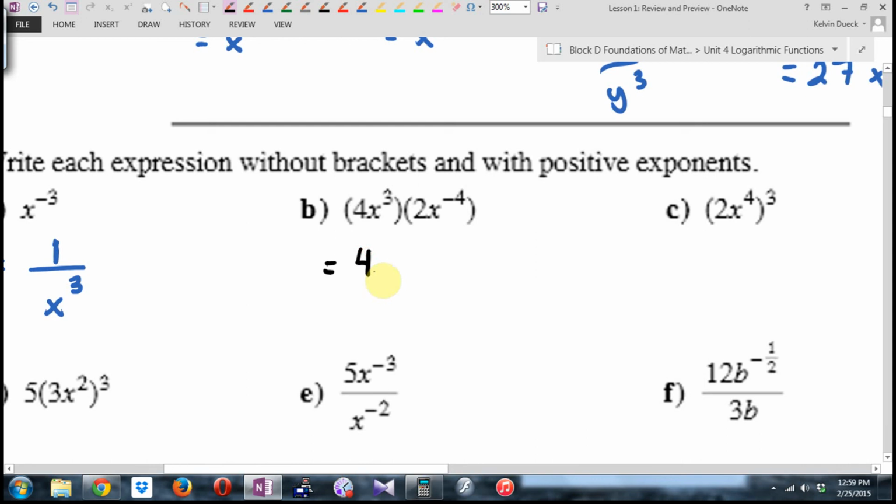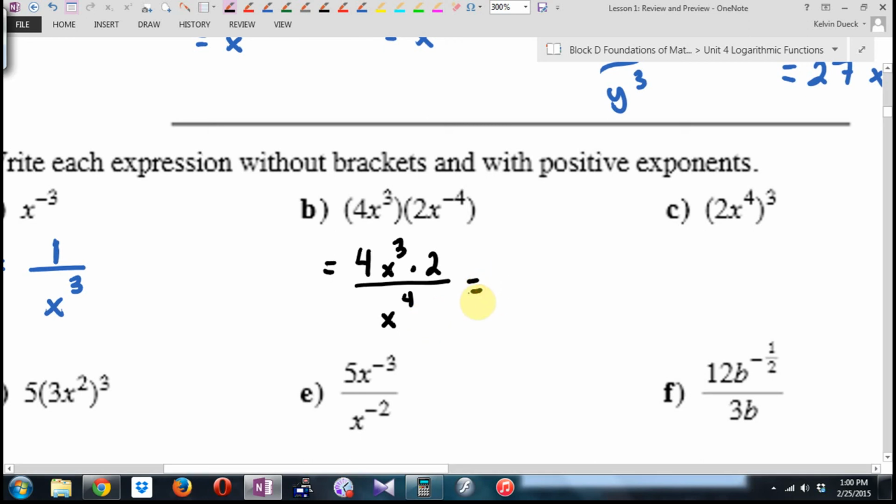That x cubed, is there a negative exponent on it? Well, then rewrite it. That 2, is there a negative exponent on it? Then rewrite it. I'll put a dot to show that it's times. That x to the negative 4, oh, did I say negative 4? Put it on the elevator. It's going to end up down there. I said I could do this in one line. We're not going to show any more work.